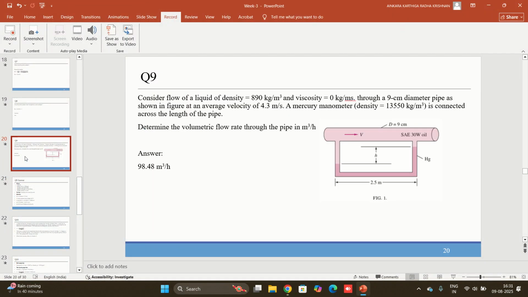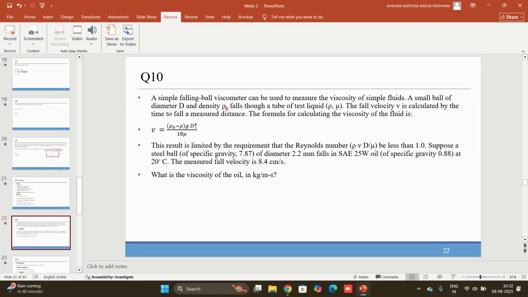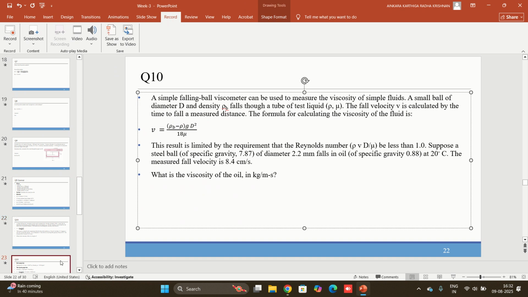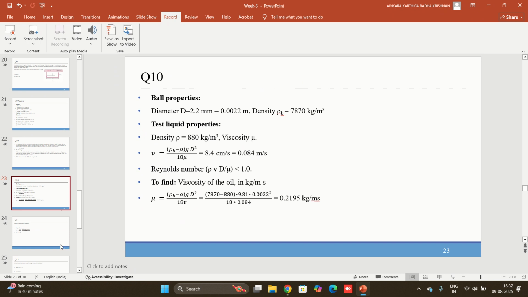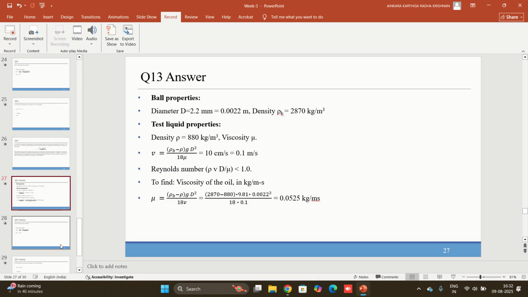I think I should remove it everywhere. How did it come here? I don't know why I mentioned the oil name here, but anyway. Don't see the oil name and its properties, it might not match actually. Here we haven't given it.